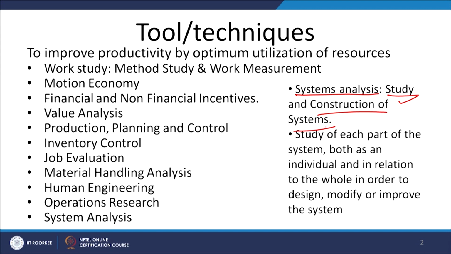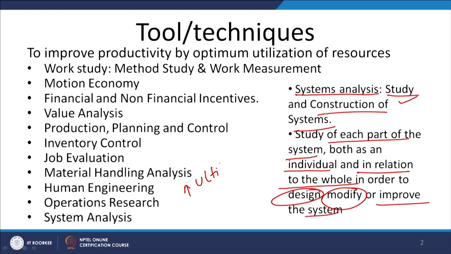It involves the study of each part of the system at an individual level, as well as the study of the system in relation to the other components or the whole system, in order to see how the system should be designed or modified, so that it can be improved to increase the utilization, reduce wastage, and improve productivity.